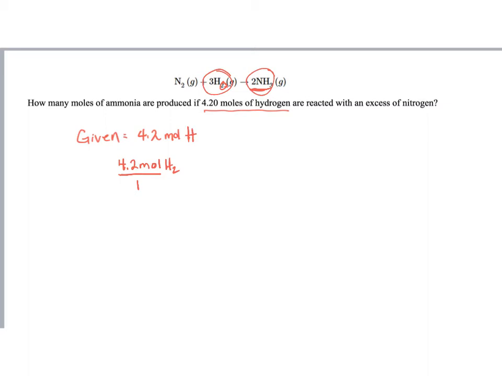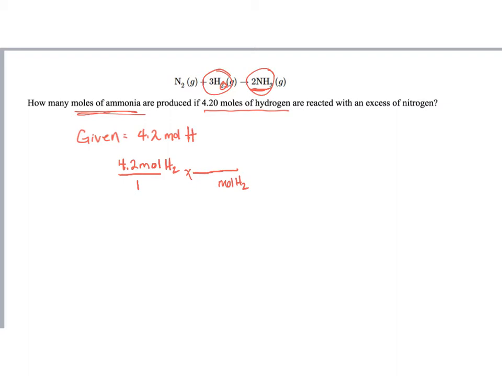And so we know that we're going to multiply by a factor that has moles of hydrogen down here, right? And we're trying to get to moles of ammonia. So we need a ratio of moles of ammonia to moles of hydrogen.